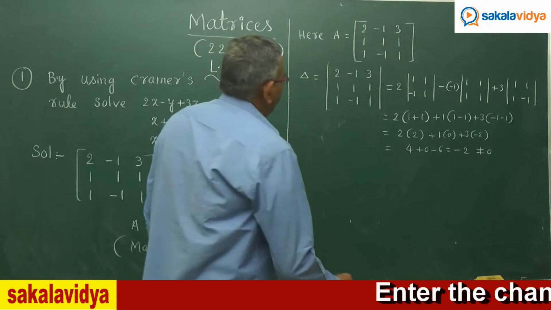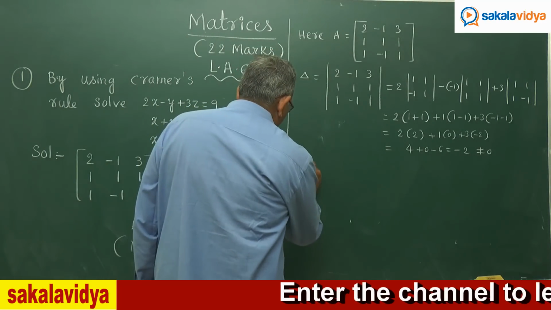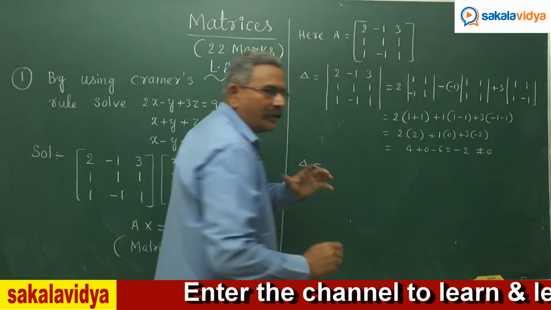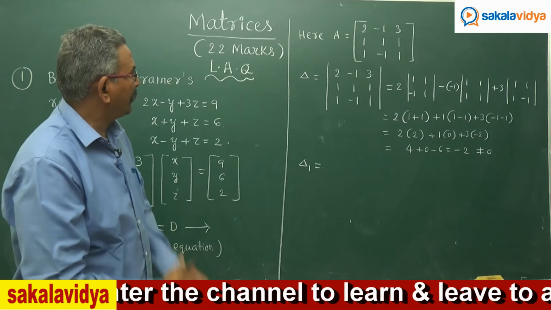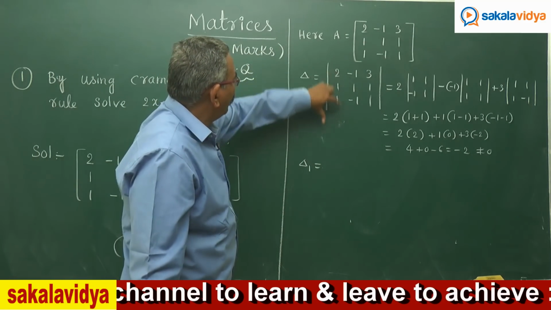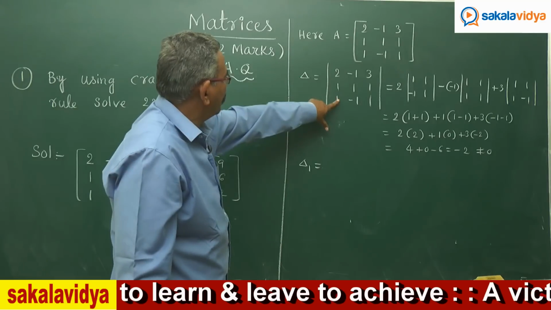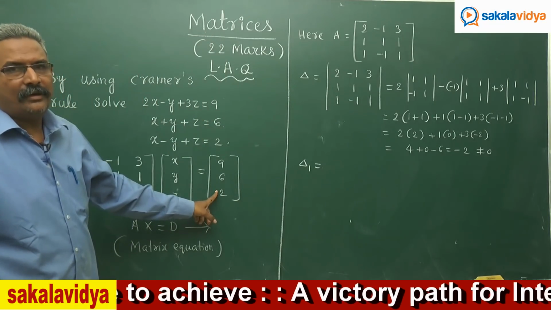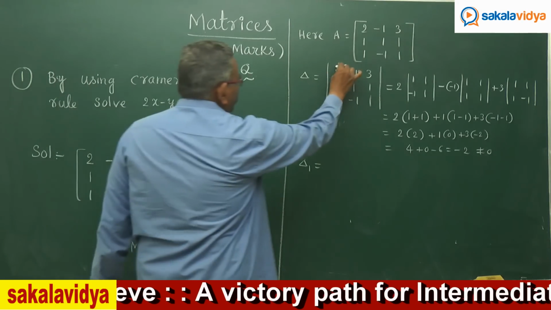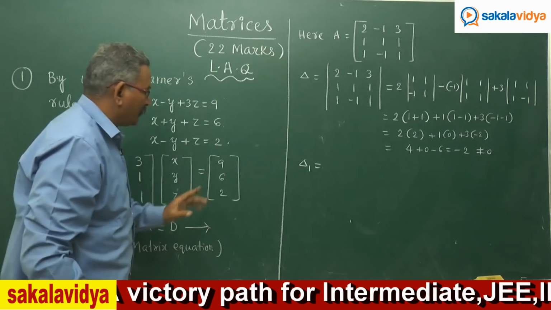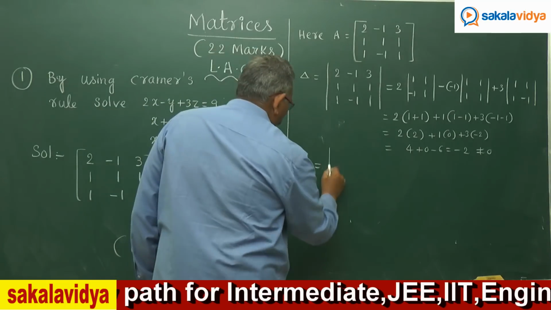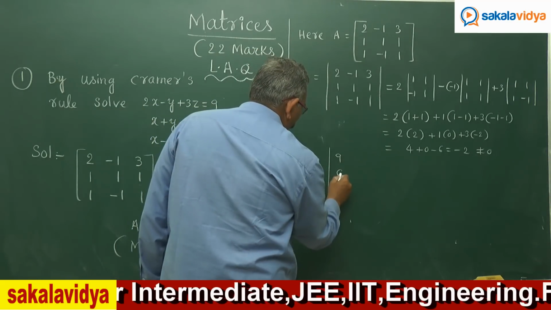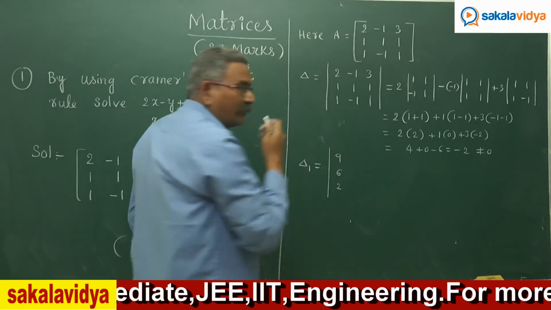Now, let us find delta 1. Delta 1 is very simple. Here I will tell you the logic. The first column of delta is replaced by the constant matrix in order to get delta 1. So, that means this column is replaced by 9, 6, 2 instead of 2, 1, 1.